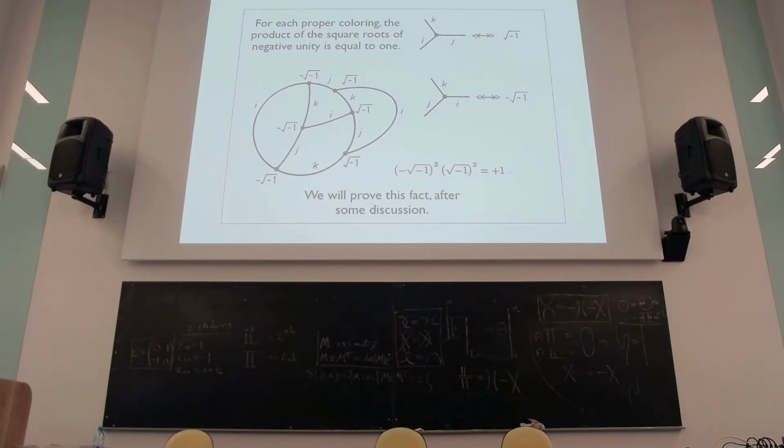So what we want to see a proof of, and then generalize, is why this product of square roots of minus 1, defined in this way, will always be 1 whenever you have a coloring. And if you prove that, you can try proving it as an exercise while I digress a little bit in the next few slides. You will prove Penrose's result.